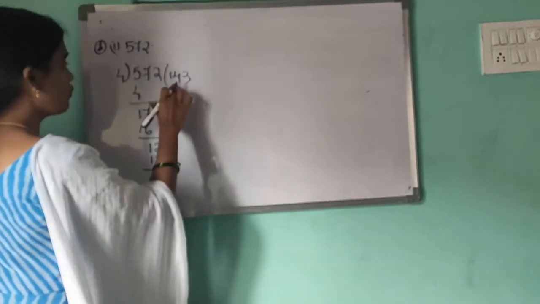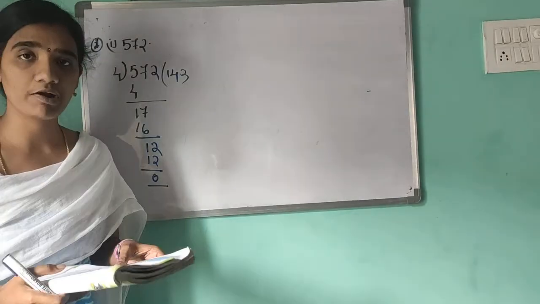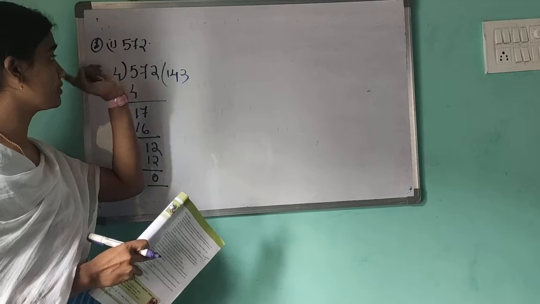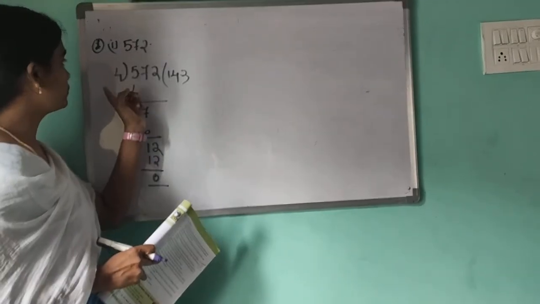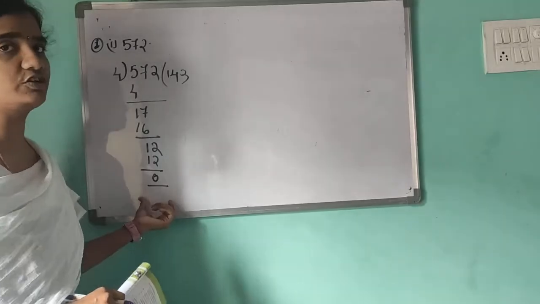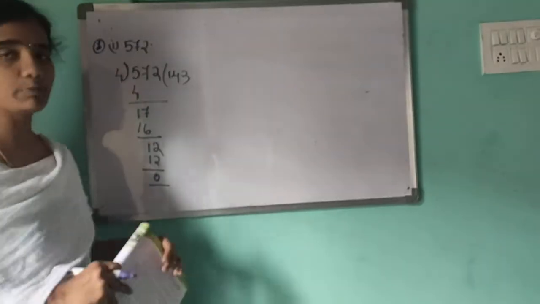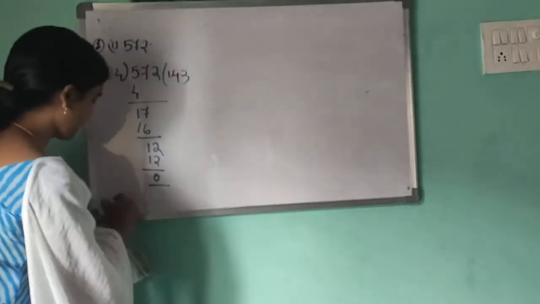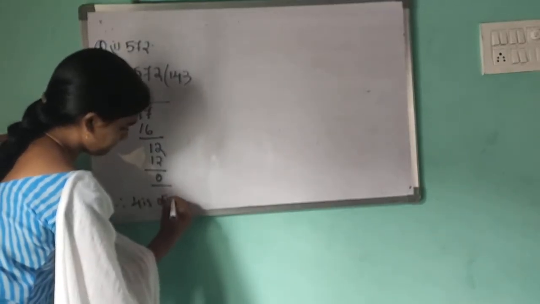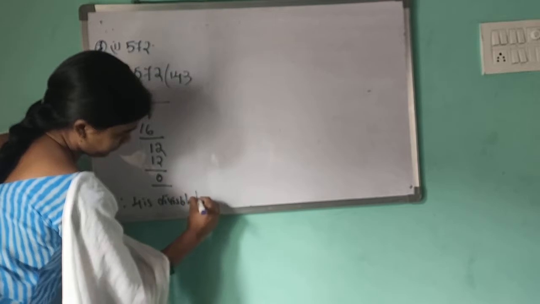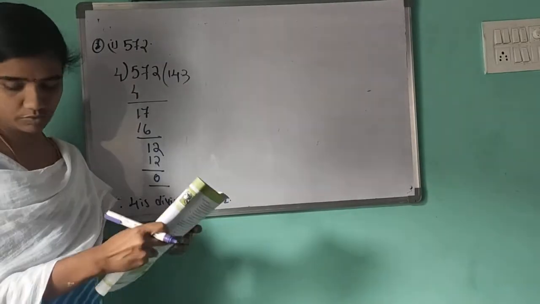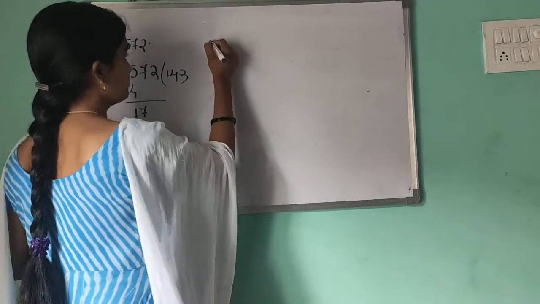So, 143. 572 is divisible by 4. Why? Because the remainder we get is 0. So 572 is divisible by 4. Let's see second one.